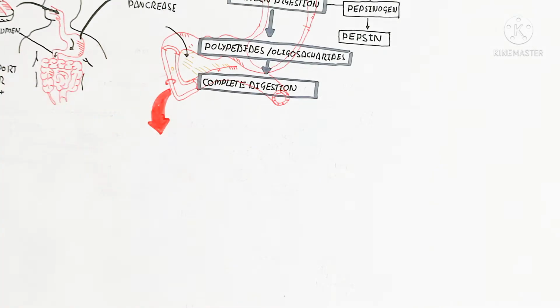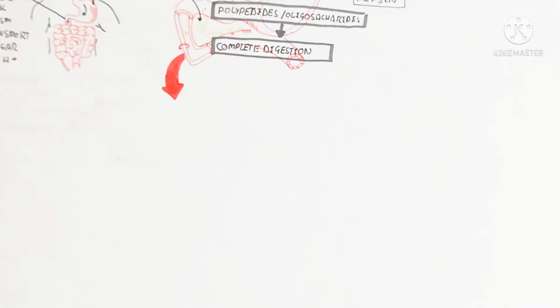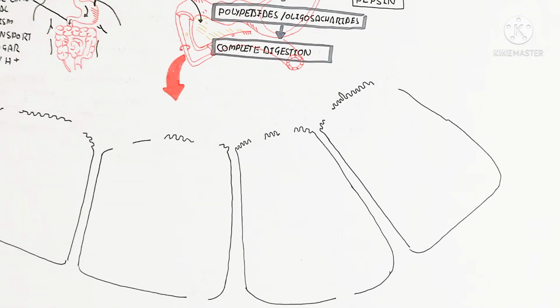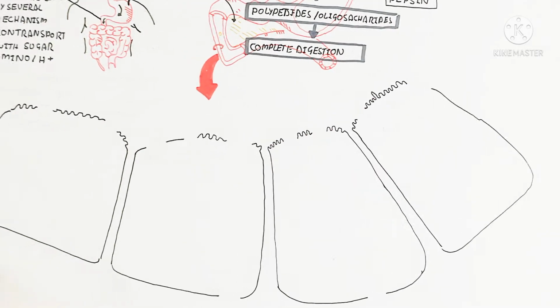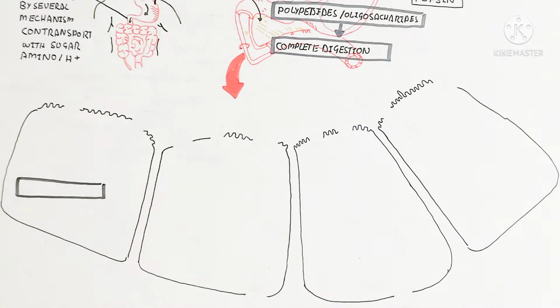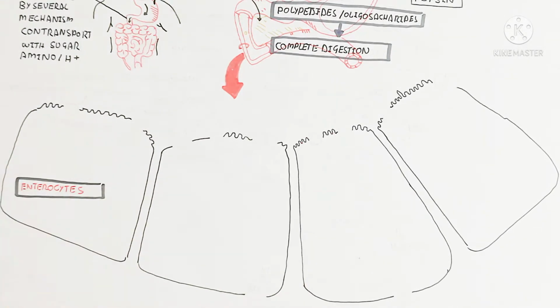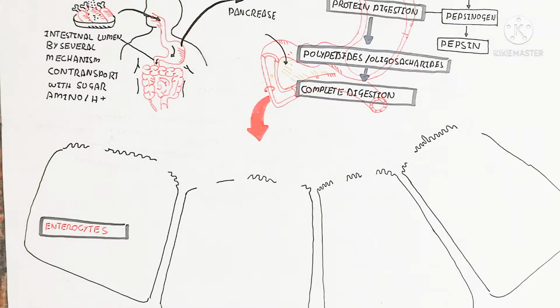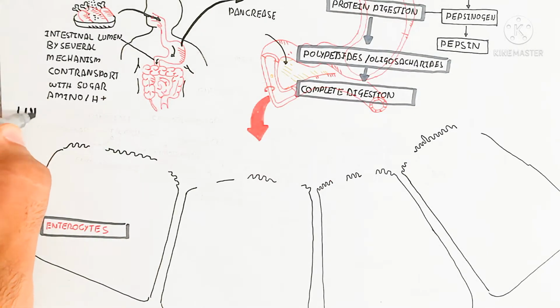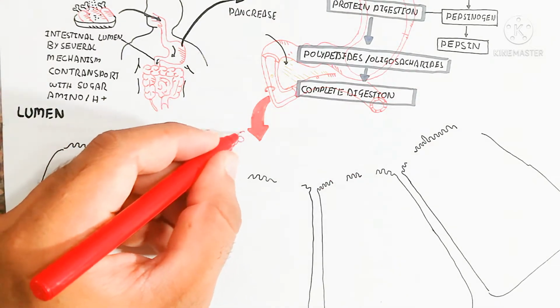Here I am drawing the small intestine, which contains a lumen, and we will discuss what happens. Here are the enterocytes, also known as brush border cells, which contain brush border enzymes. An important characteristic of enterocytes is the microvilli and villi, which increase the surface area for digestion.